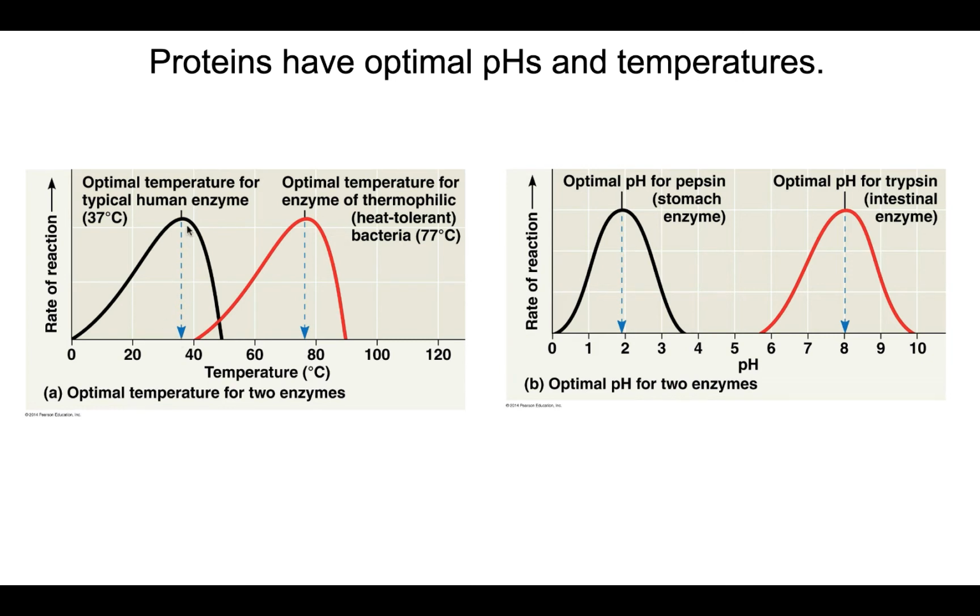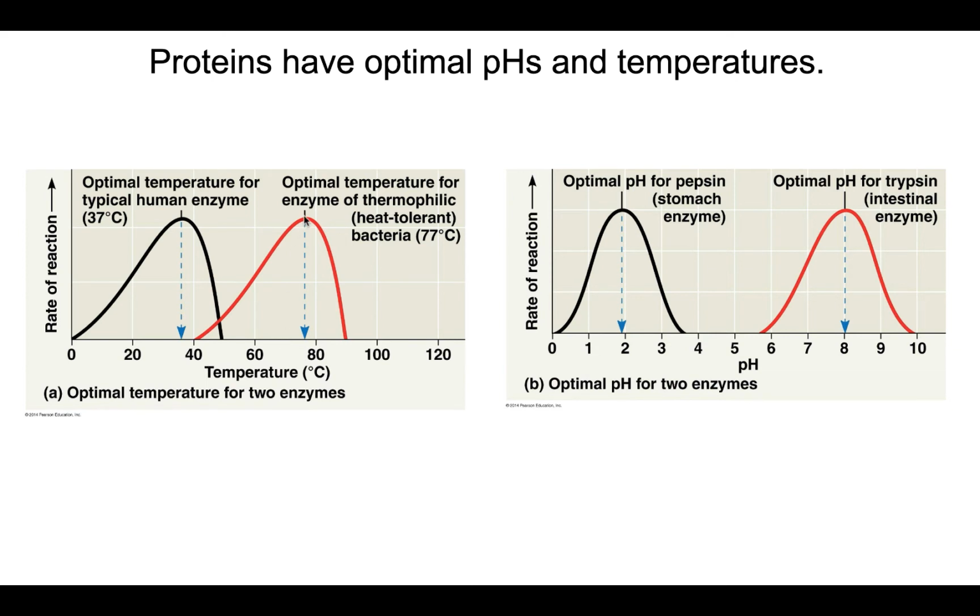And if you stray away from that optimal temperature, you begin to lose structure and therefore lose activity of that enzyme. Now look at this. The enzyme that evolved at 77 degrees Celsius doesn't even show activity until close to when the human enzyme already lost all of its activity, already became pretty much denatured.